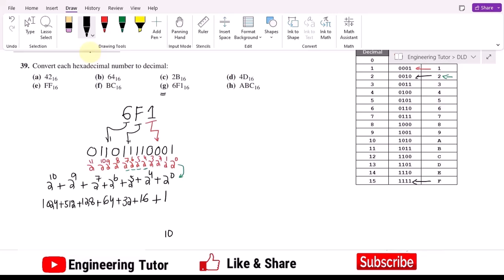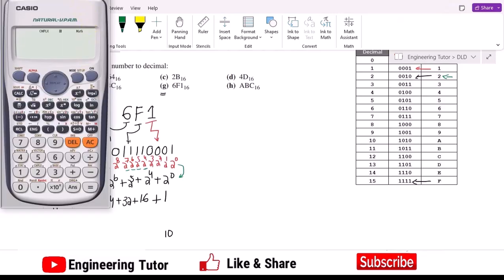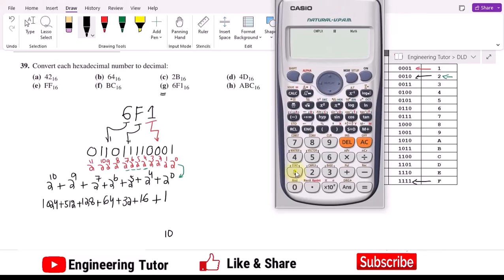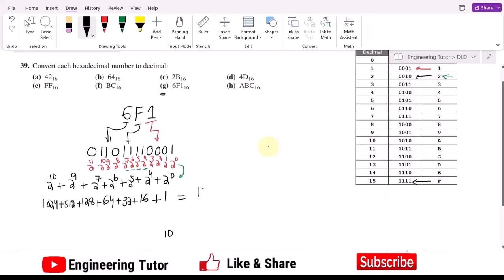You may use a calculator, so let us use a calculator here: 1 plus 16 plus 32 plus 64 plus 128 plus 512 plus 1024. What we will get here is 1777, that is the decimal equivalent of my number.